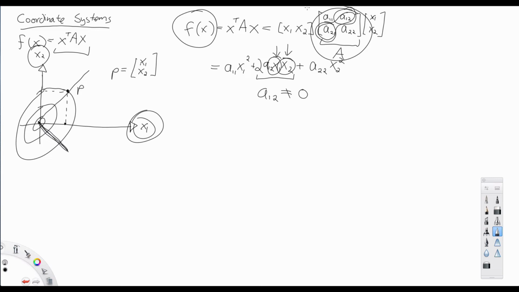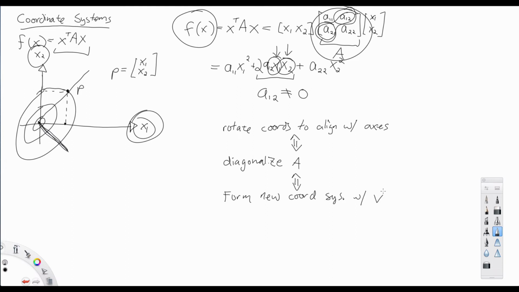We're going to learn about three equivalent things. One is coordinate rotation, diagonalization, and then also forming a new coordinate system using the eigenvectors of a matrix A. And we're going to see that each of these three things are equivalent. To summarize, we're going to look at how we can rotate the coordinates such that they will line up with the axes, or the minor and major axes, of the level sets of the quadratic function.